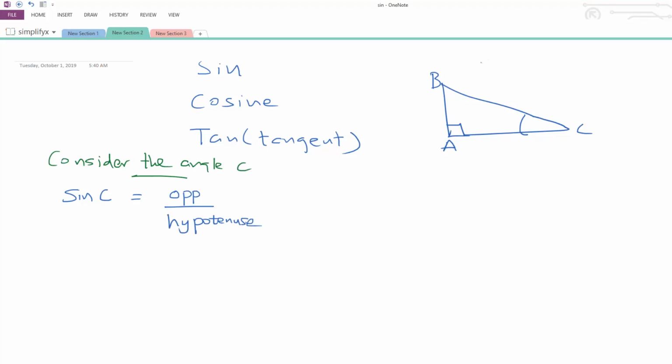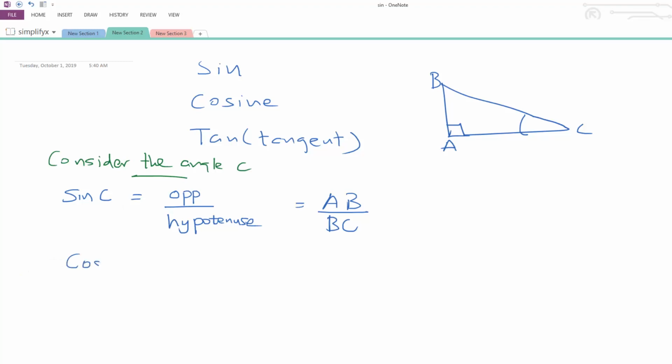So all of you know the hypotenuse of this triangle is the BC side, since it's the side in front of the right angle or the opposite in the right angle A. So the side opposite to angle C is AB. And the hypotenuse, as I mentioned earlier, is BC. So the sine of the angle C in this right angle triangle is AB divided by BC.